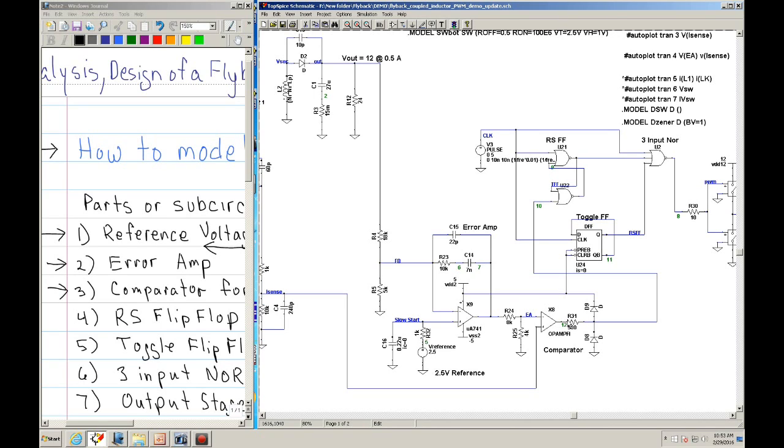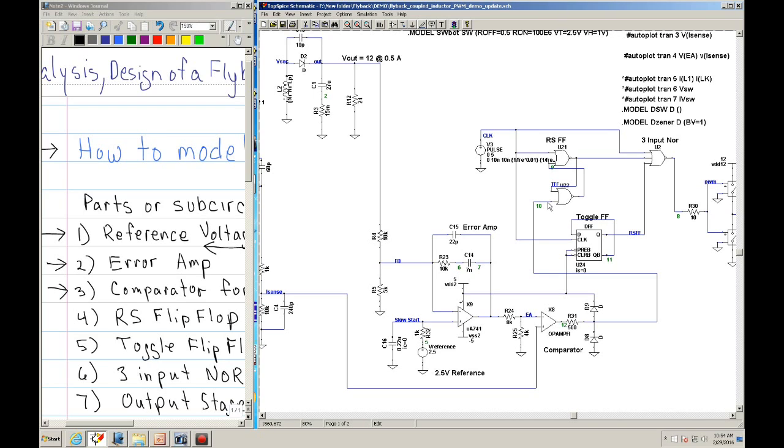If this goes to infinity, this line will clamp it to 5 volts, and if it goes to negative infinity, this diode will clamp it to a negative diode drop. So this line is clamped between negative 0.7 and 5 volts. The reason I did that is that I'm using an ideal op-amp to simplify the circuit and make it run a little bit faster. That signal is then fed to your RS flip-flop.